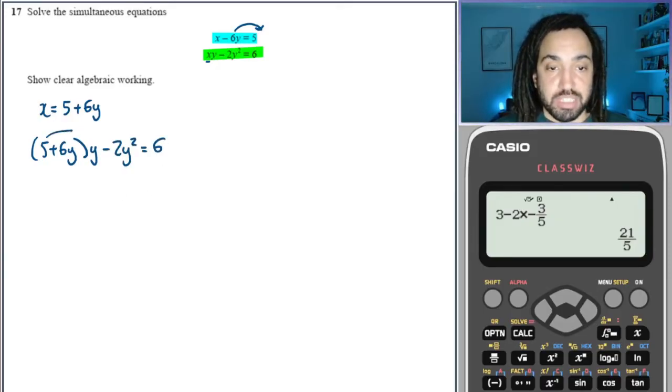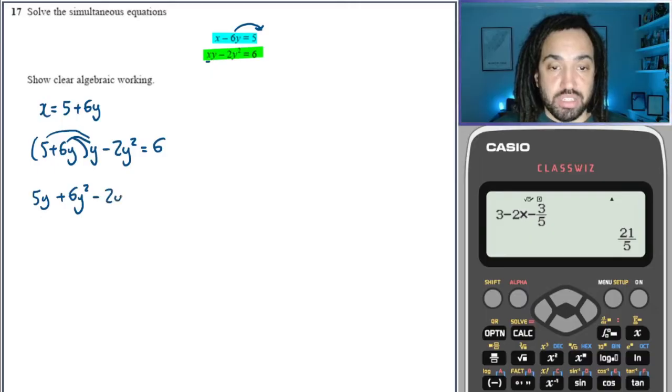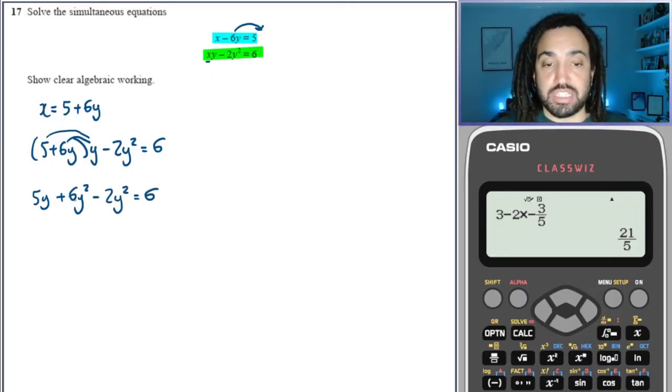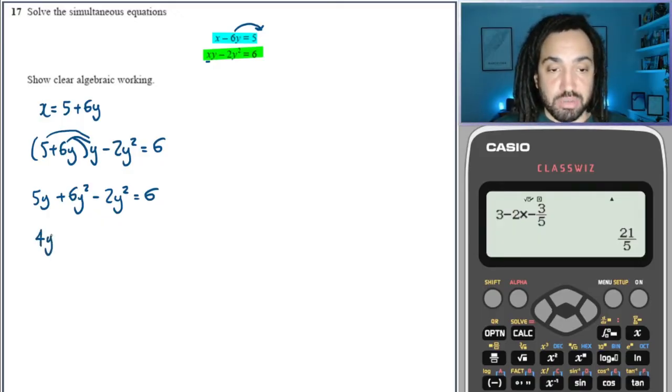Okay, we're going to expand this bracket out. We're going to get a 5y, and we're going to get a plus 6y squared minus 2y squared is equal to 6. So let's collect up the y squares first. 6y squared minus 2y squared is 4y squared. We've got plus 5y is equal to 6.